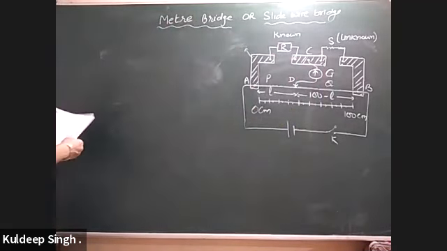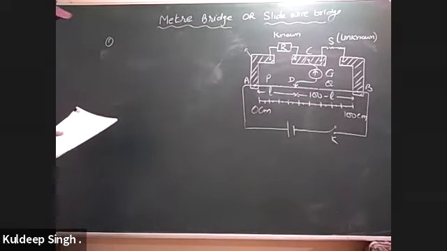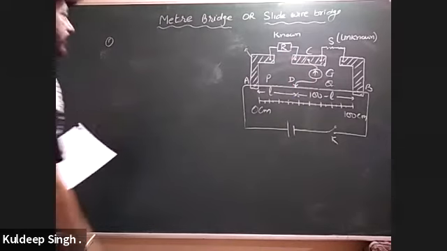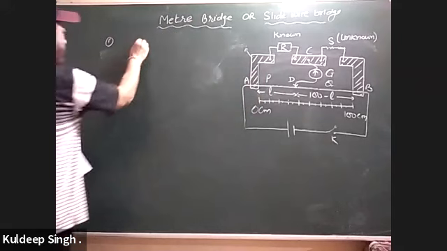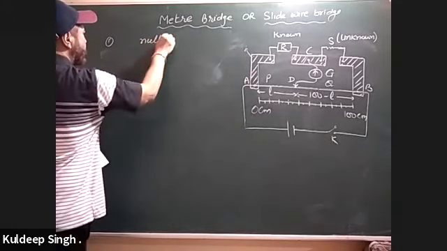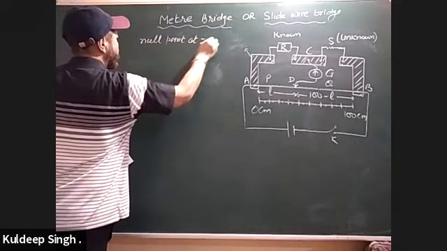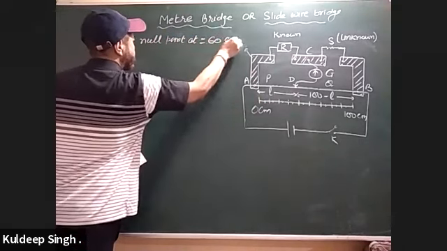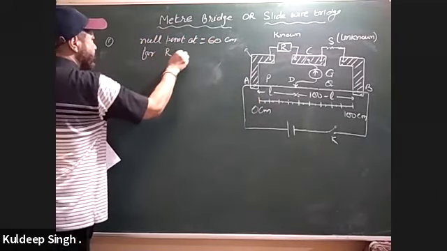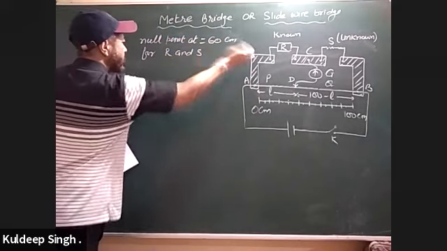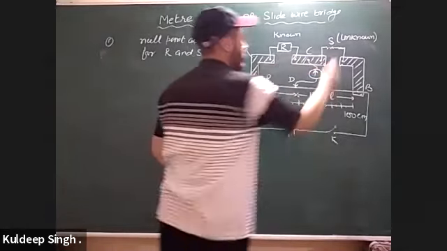The first numerical is, let us say, for the given R and S, we find the null point at 60 centimeter for R and S shown in the figure. So for these two resistances, here R is the resistance.